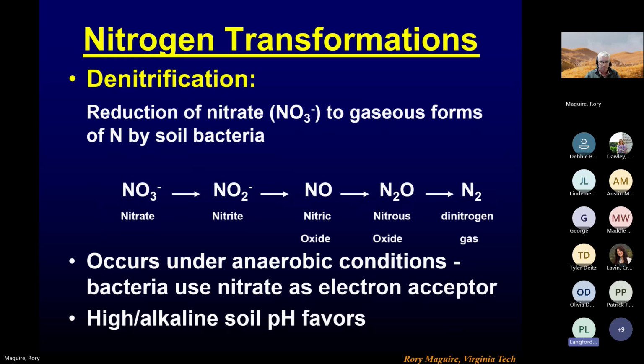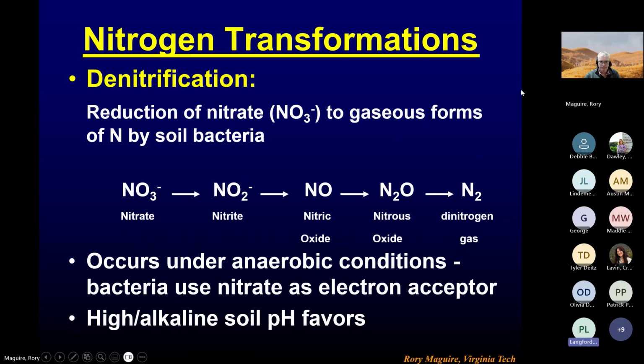Next slide, please. Then we have denitrification. This is the reduction of nitrate to gaseous forms of nitrogen by soil bacteria. And so whenever nitrate is being reduced, this is kind of like losing your oxygens almost.